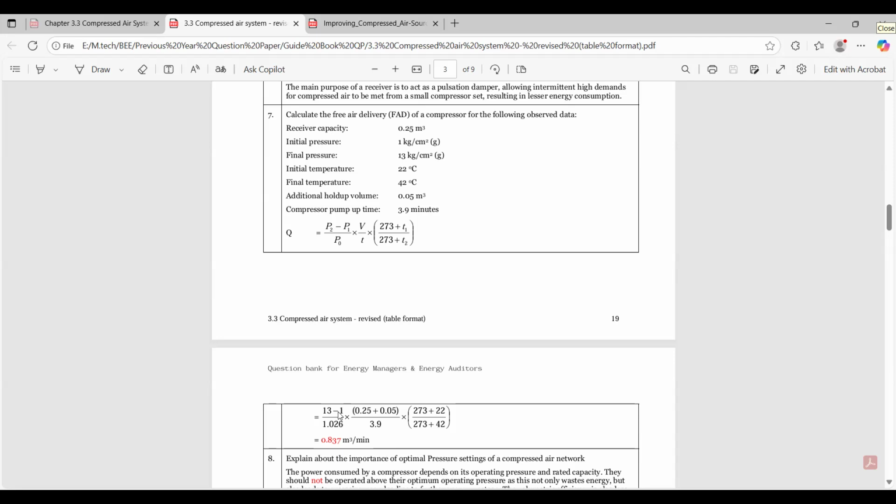Sir, I think the difference will remain the same. If we calculate in gauge pressure, ultimately the difference will be the same. Yes, 13 minus 1. If you convert it, P2 minus P0 and P1 minus P0, P0 gets cancelled, right?